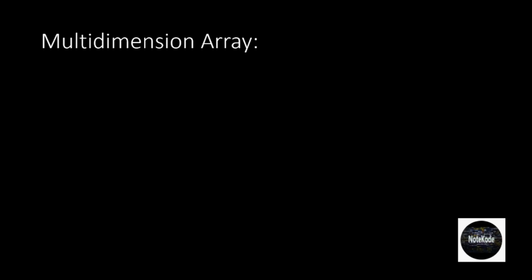Multidimensional array. What is multidimensional array? The array that traverses more than one dimension is known as multidimensional array. That is also known as matrix form. Syntax for declaring multidimensional array. Here, while declaring, we are using two square brackets.